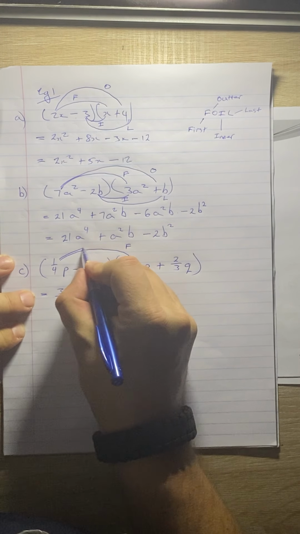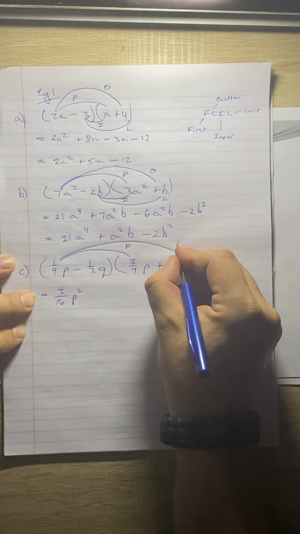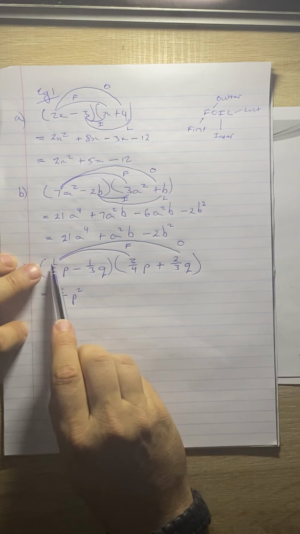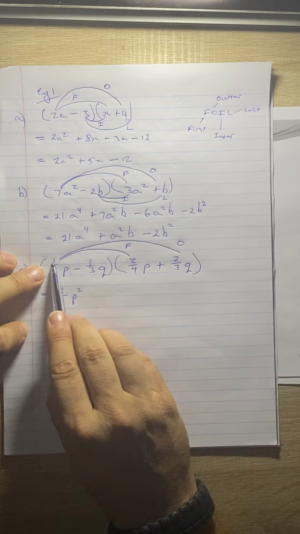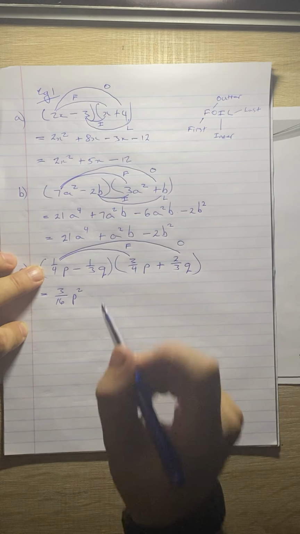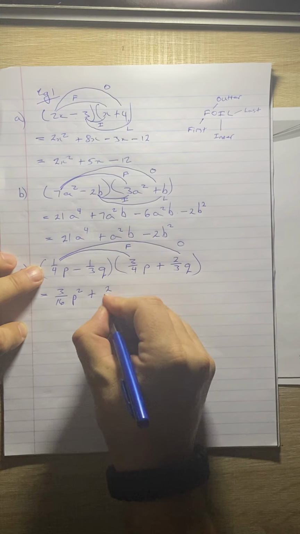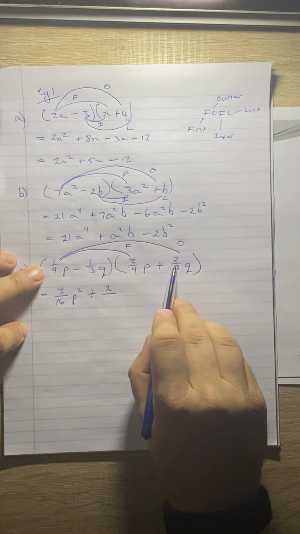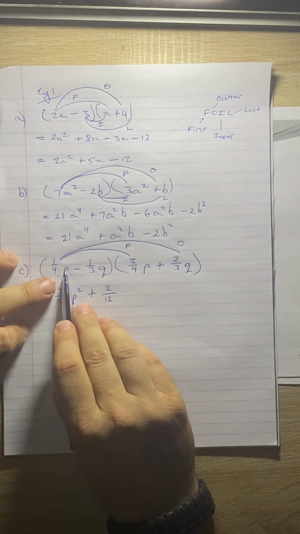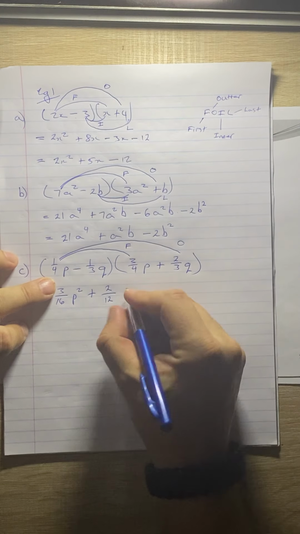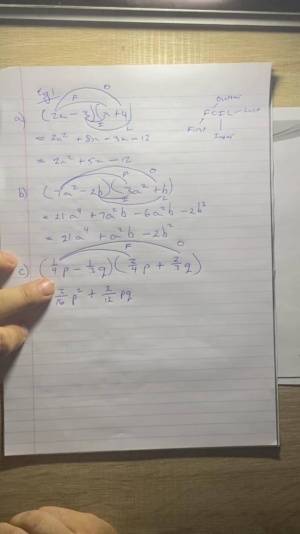Let's look at our outers. Again, grade 10s, multiply top with top, bottom with bottom with the fractions. So we've got 1 times 2 gives us 2. 4 times 3 gives us 12. Okay, then we've got P times Q gives us PQ.